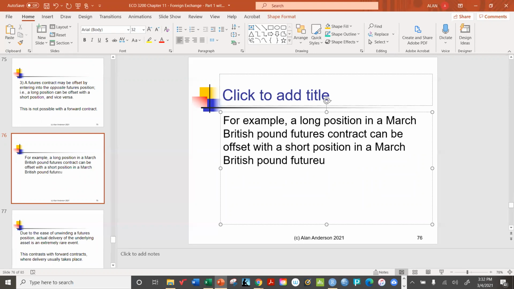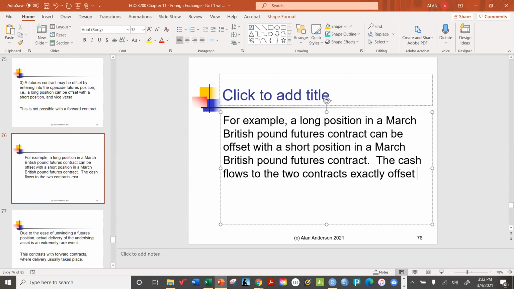So you're not actually getting out of the contracts, but you're setting up two contracts whose cash flows exactly offset each other. Okay, so the cash flows to the two contracts exactly offset each other. That's the key to the whole thing. Right?